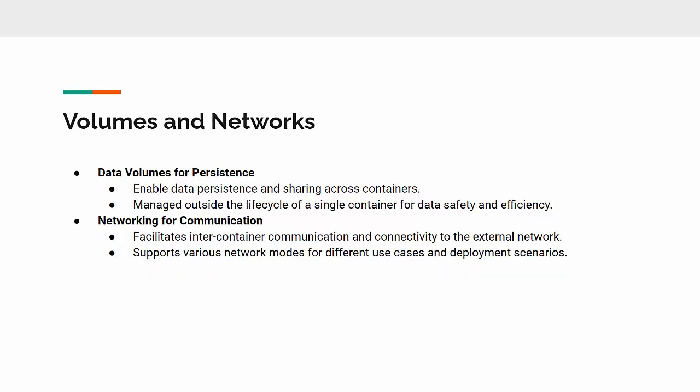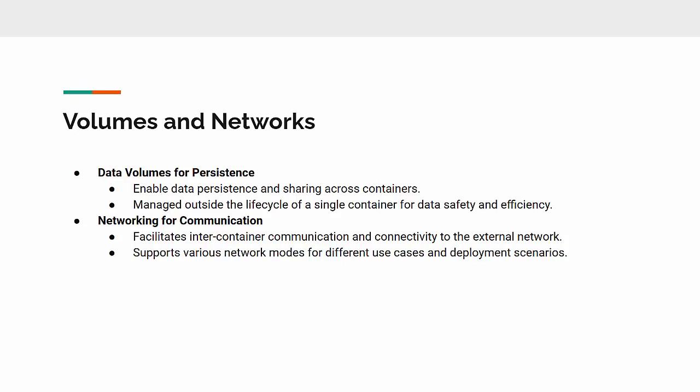Finally, we touch on two important concepts: volumes and networks. Volumes are used for data persistence. They ensure that data generated by or used by Docker containers isn't lost when containers are stopped or deleted.